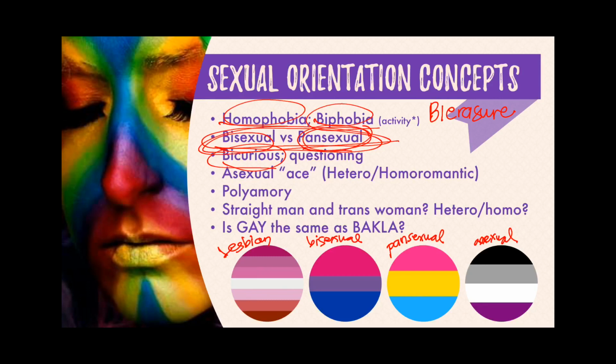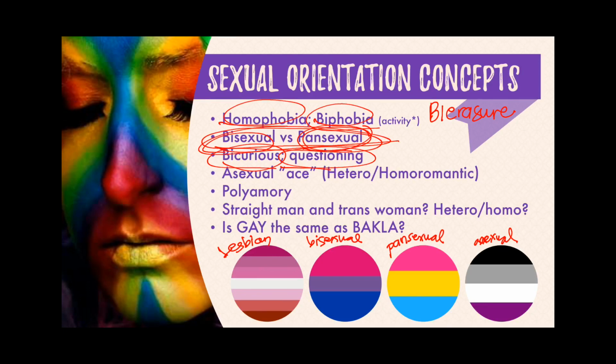So, bi-curious, parang nasa exploring stage pa siya. Same with questioning, tinatanong pa niya, he's asking himself or she is asking herself whether or not she's capable of having desires with the sex that she is not used to exploring. No? So that's bi-curious and questioning.